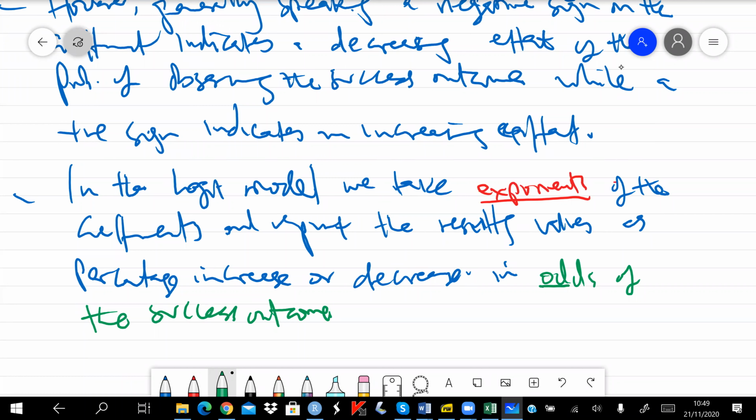Odds is just the ratio of the probability of success divided by the probability of failure. So percentage increase or decrease in the odds of the success outcome given the explanatory variables.